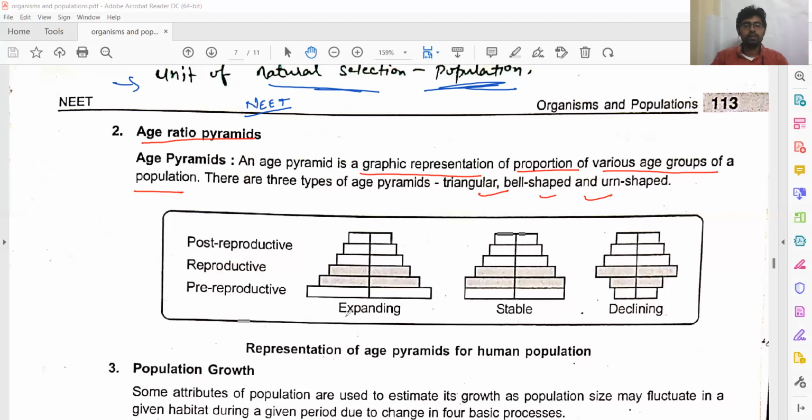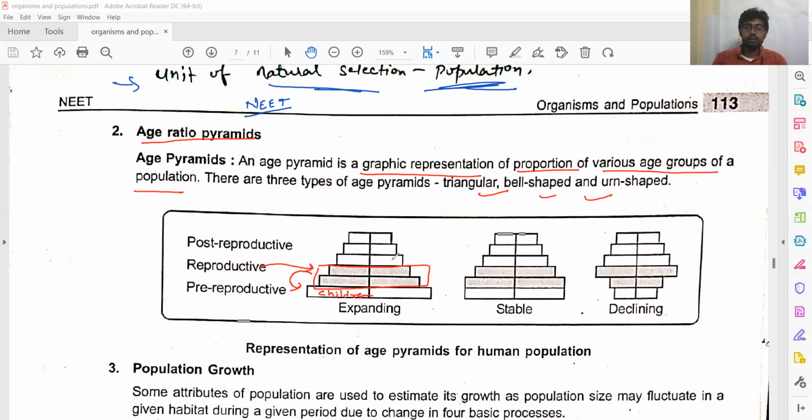Expanding population age pyramid. How you can say that it is expanding? Look at this. These two represent the reproductive age group, and you can see that pre-reproductive, that is children, are more in number.